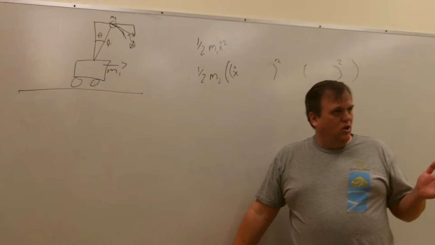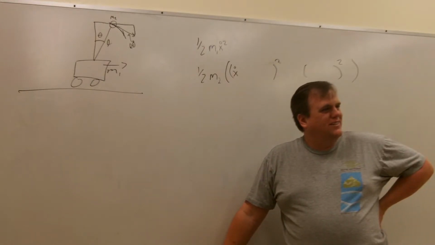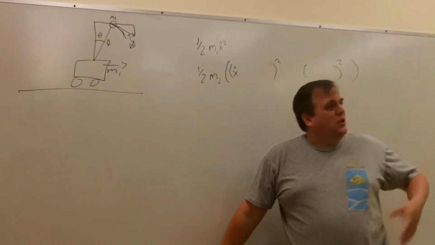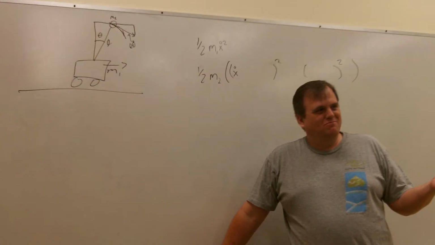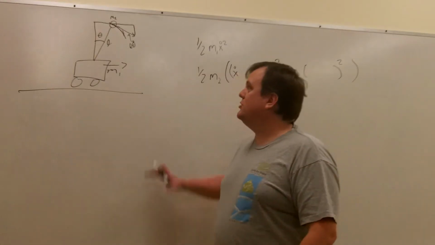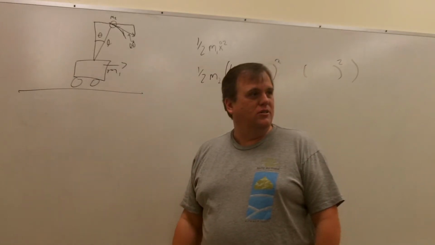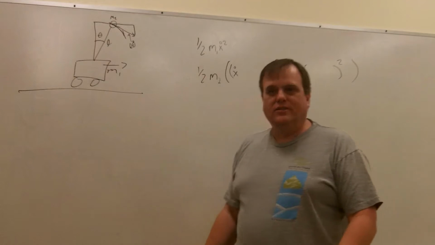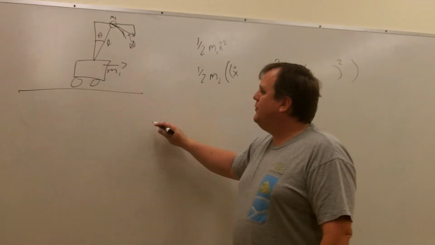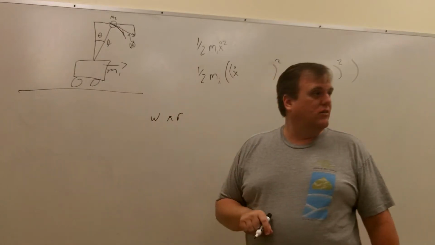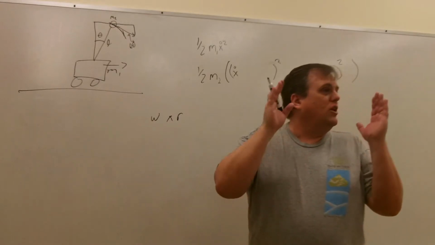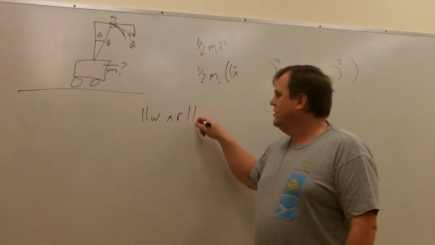Everybody does agree, yes? Then I can ask you to prove it to me. You only agree when you can prove it. So think, how would I get that? Why did I pick theta dot times L? Well, your velocity of rotation is omega cross r, but I just want the actual magnitude of it, so I'm taking the 2 norm.